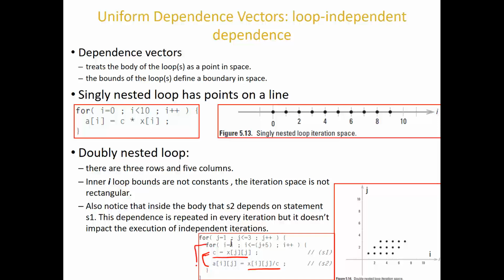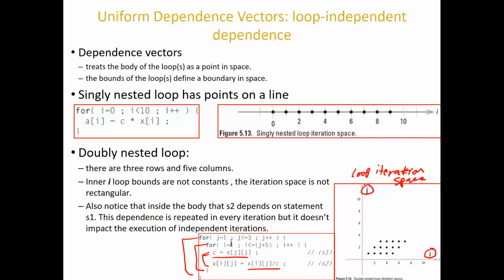So we have the inner loop and the outer loop, and you can see that we can represent this in the loop iteration space. The inner loop here is the i index and j is the outer loop.